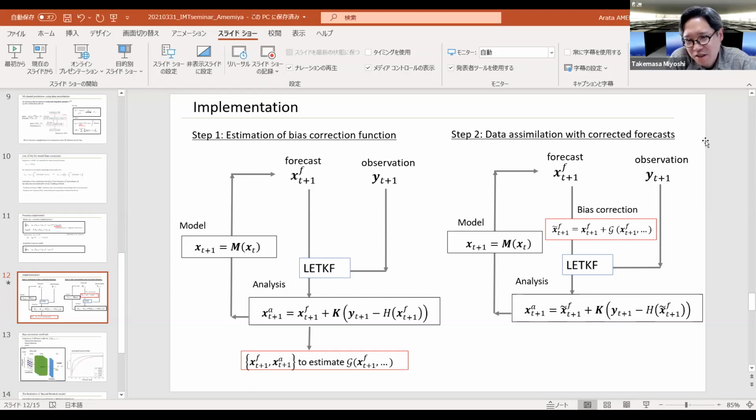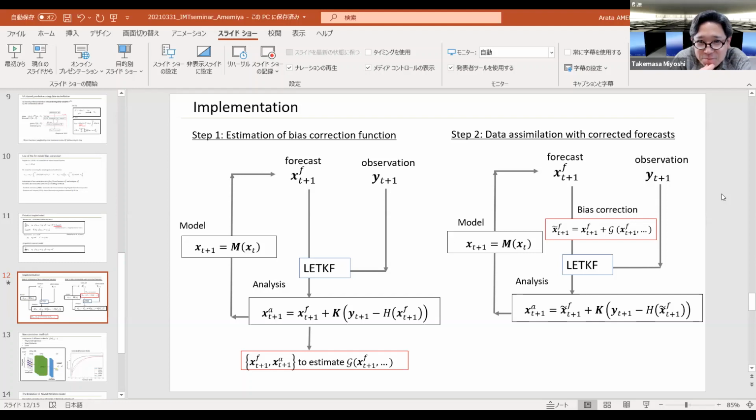Not just the XF, I think the time series. And then we could apply different bias correction to each ensemble member. That may complicate the situation for the LETKF because we have the covariance coming from the bias correction.